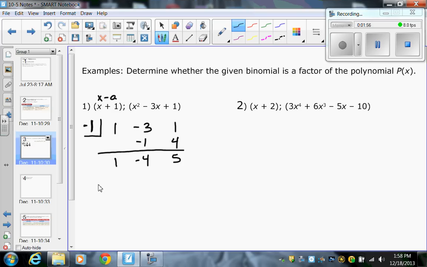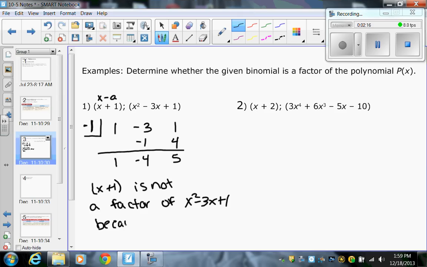So in this case, we can say that x plus 1 is not a factor of x squared minus 3x plus 1, because the value at -1 does not equal 0.